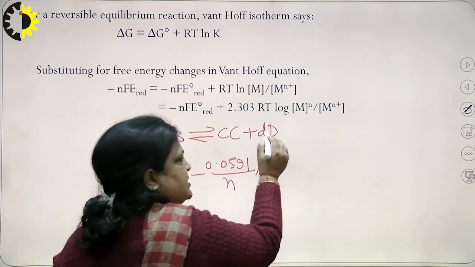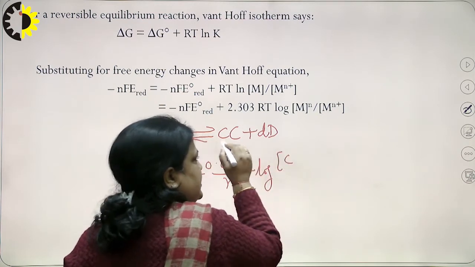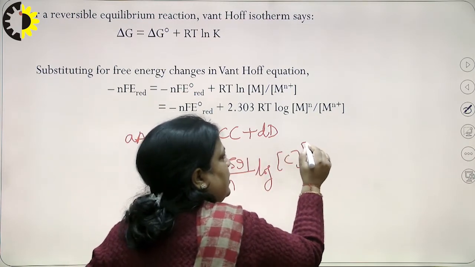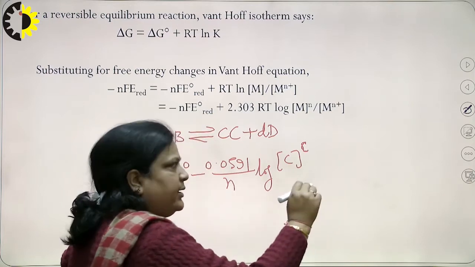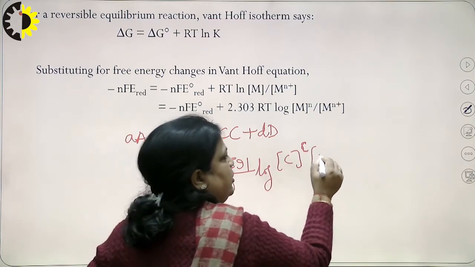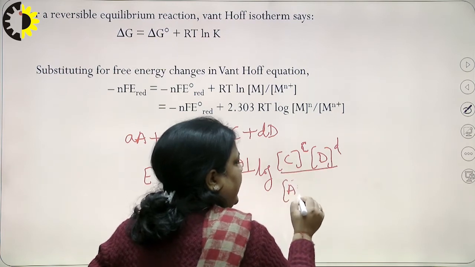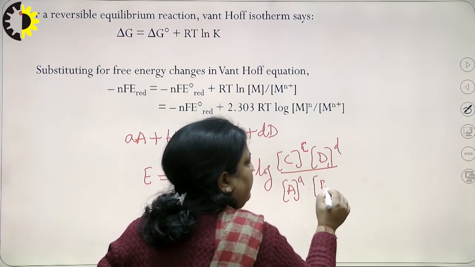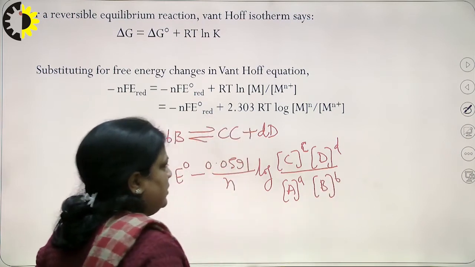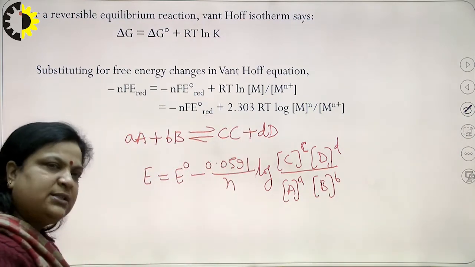The products are C and D, and the moles of C is c, so C to the power c times D to the power d, divided by A to the power a into B to the power b. So this is the Nernst equation for a reversible reaction.